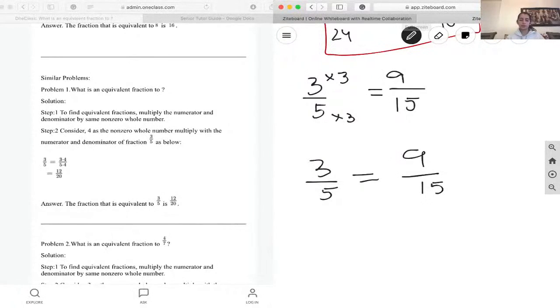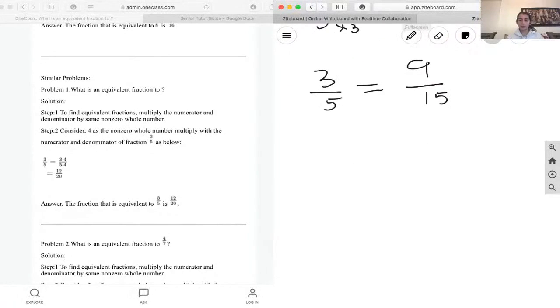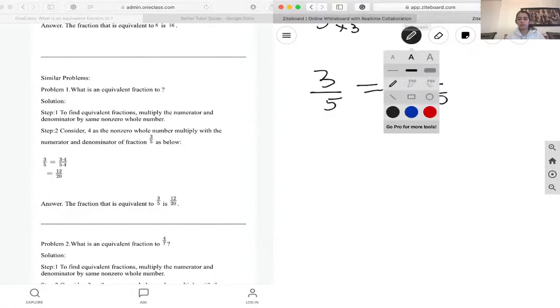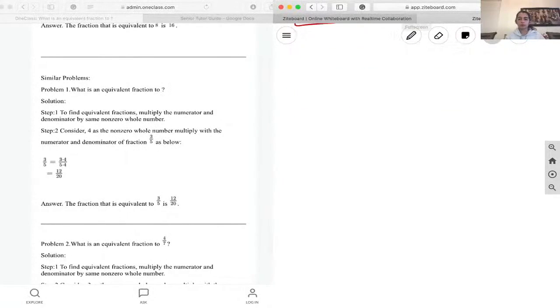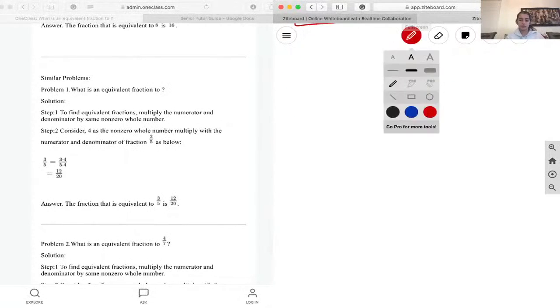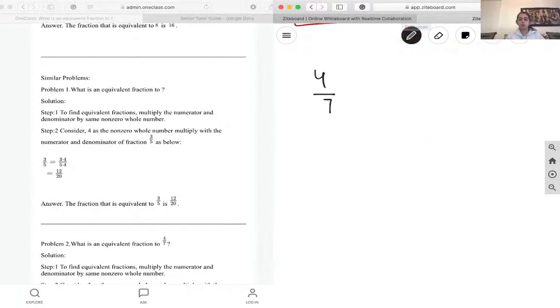We could do another example, the same thing. Let me just highlight this again, like box it in basically. Another example we're given is 4 over 7. So the fraction 4 over 7 is equivalent to, we can multiply the top by, let's say, 5 this time, and the bottom by 5.